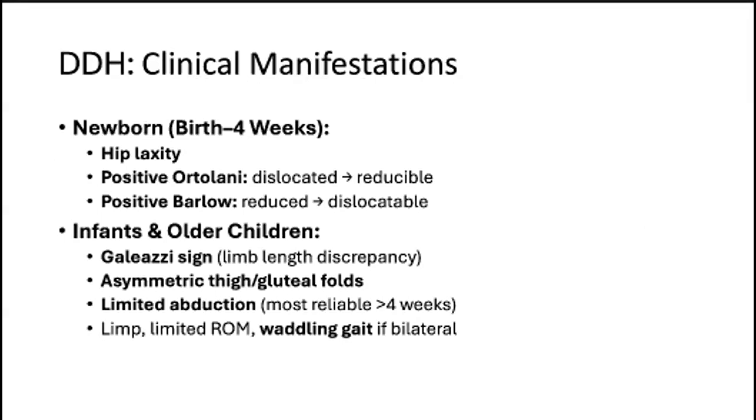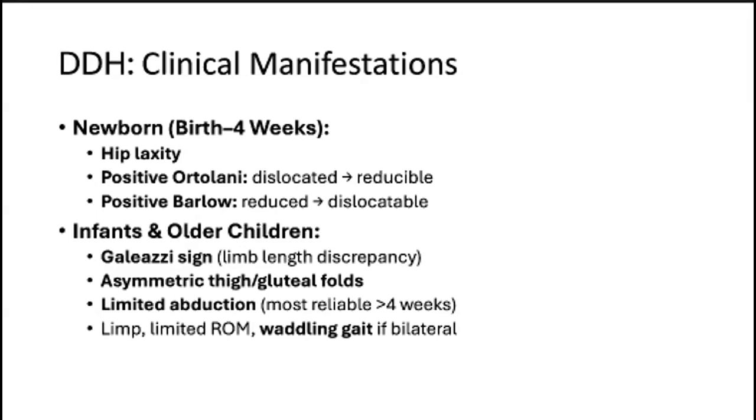A positive Barlow sign is the hip is reduced but can be dislocated. So with the hip abduction, a light posterior pressure, femoral head slips out of the acetabulum. The Ortolani and the Barlow test are the most reliable tests for birth to 4 weeks of age in infants.